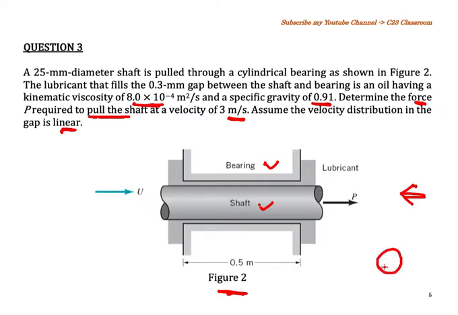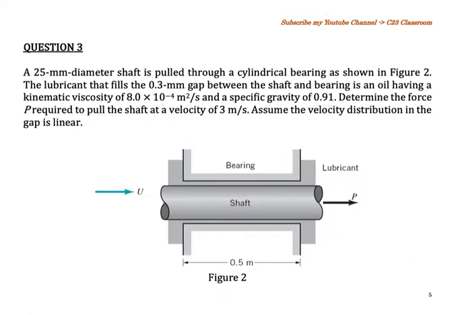We have a shaft here, and then we have a bearing here, the hollow cylinder. Inside this area, there is a lubricant with specific gravity and kinematic viscosity as mentioned in the question.